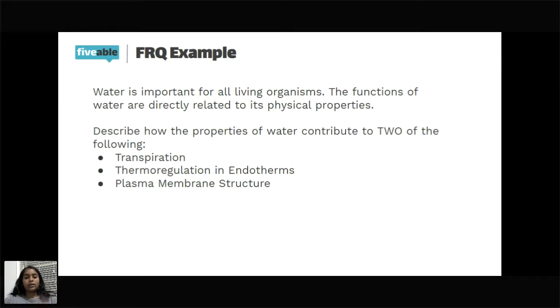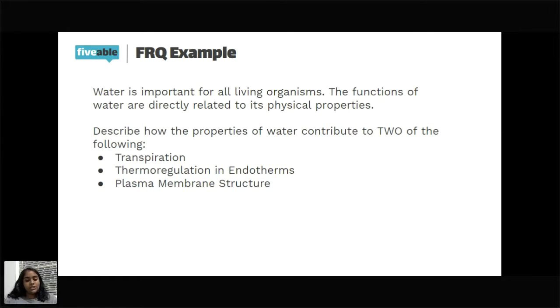So water is important for all living organisms. The functions of water are directly related to its physical properties. Describe how the properties of water contribute to the following: transpiration, thermoregulation in endotherms, and plasma membrane structure.